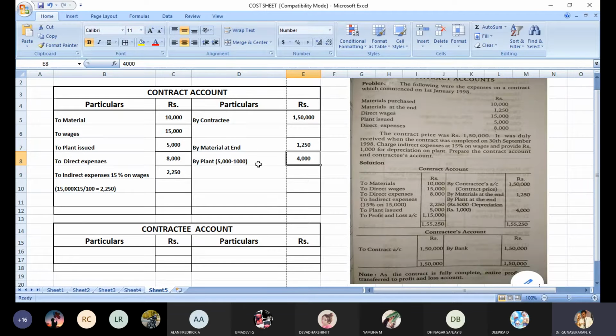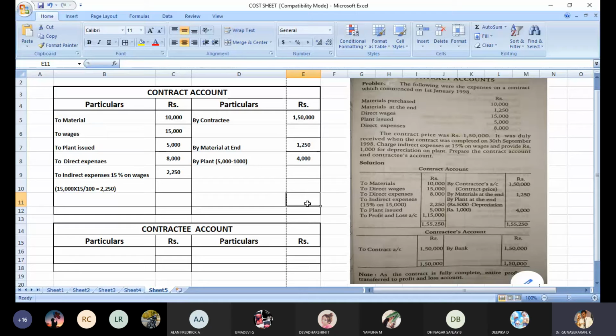So all the details are entered into the contract account, debit side and credit side. Now we have to tally both sides. Whichever side has the higher value, you have to count the total, and that value will be entered for both sides.